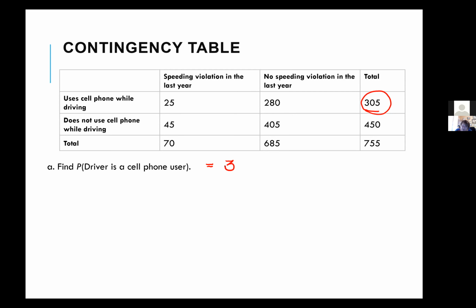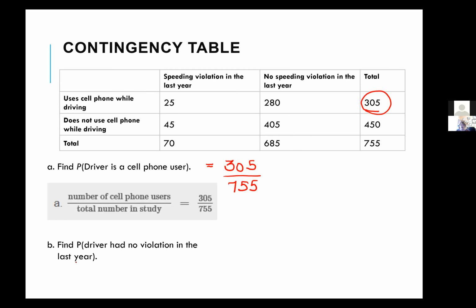So the number of outcomes of people using cell phones is 305. All right. What's the total possible outcomes? What's the total number of people I surveyed? And that's 755. So 305 out of 755 are cell phone users. Okay, so that's the probability that a driver is a cell phone user, 305 out of 755, whatever that equals.